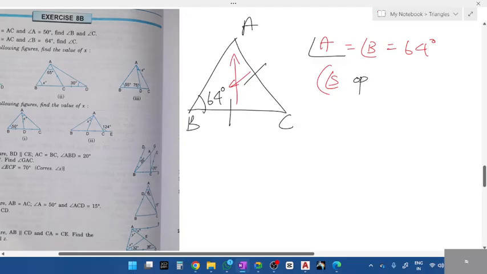Angles opposite to equal sides are equal. So therefore angle A is also 64. If you want to find angle C, again use sum of interior angles. Find angle C.